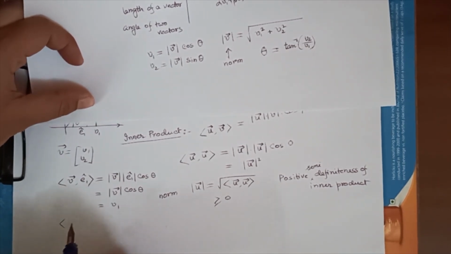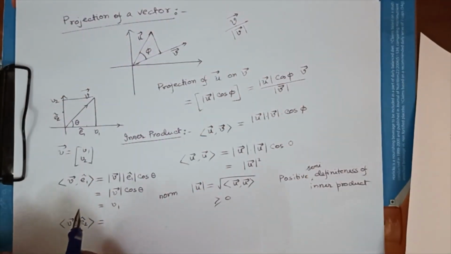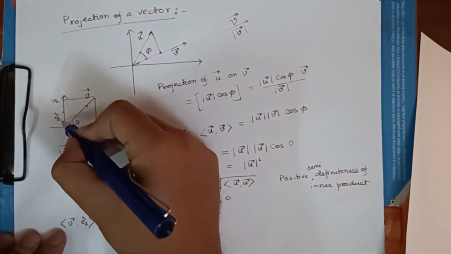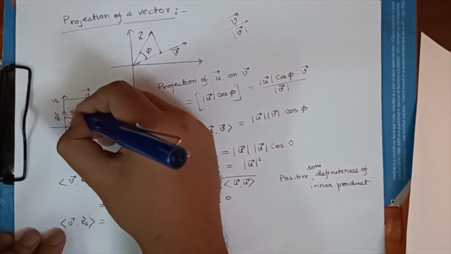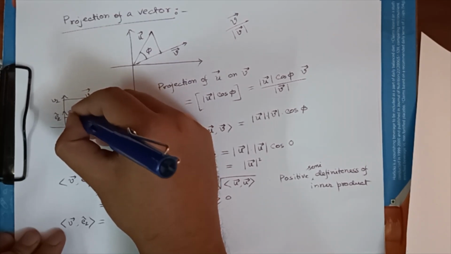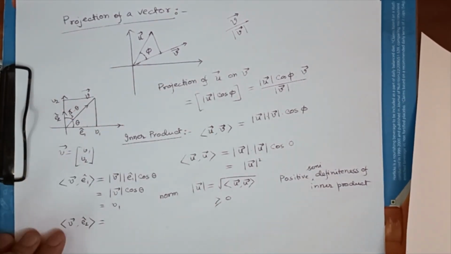Similarly, the inner product between V and E2. Let us see. The inner product between V and E2 is this direction, so you have to take the cosine theta of this angle. What is that angle? That is pi by 2 minus theta, right? This total angle is 90 degree, pi by 2.